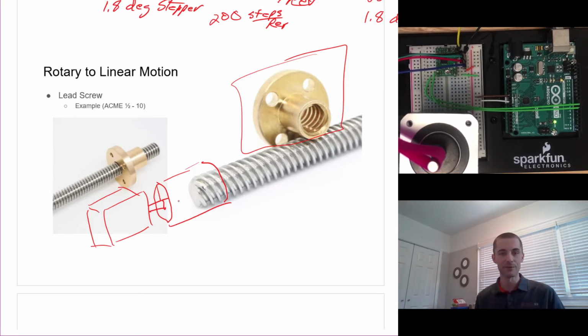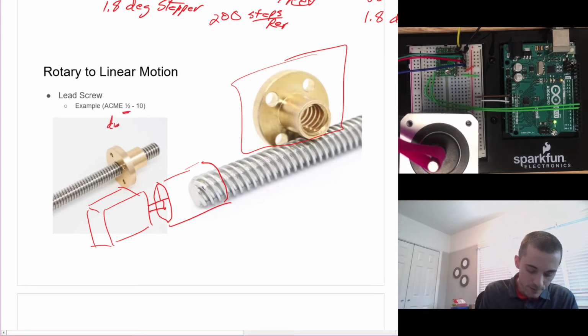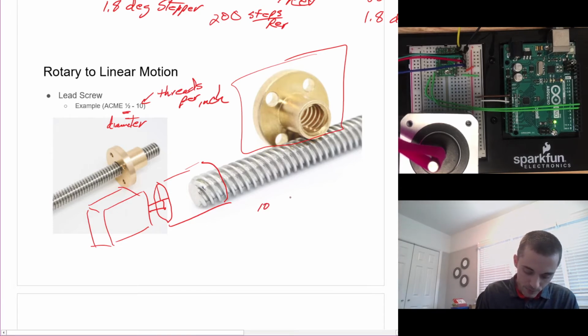And so the example that I have this time is a 1/2x10 Acme threaded rod. So this one means this is the diameter, and this is the threads per inch. Right, so if we wanted to say how many millimeters we are taking per step, we've got 10 threads per inch.